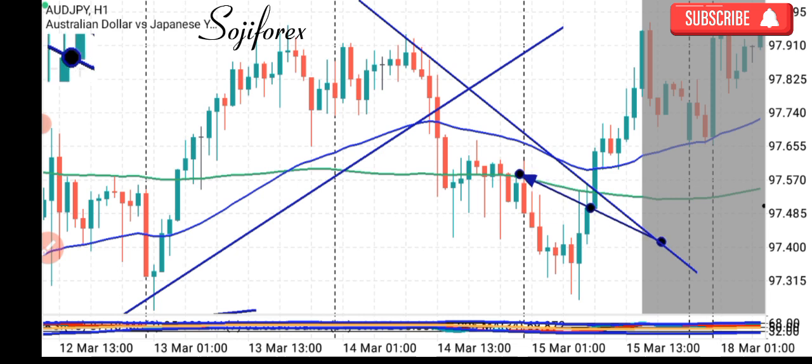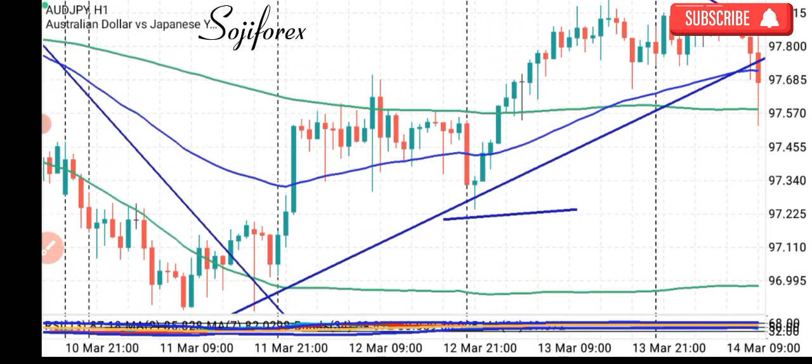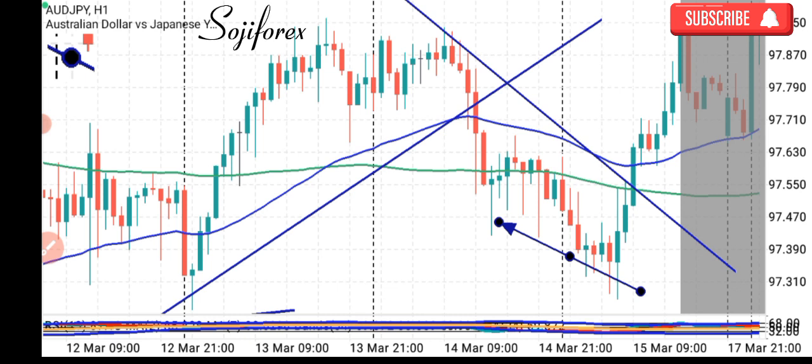But are we going to make a sell entry here based on this? No, we are not going to make a sell entry. You might be asking me, why are we not going to make a sell entry?